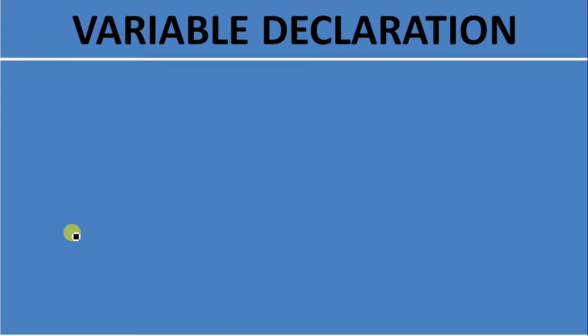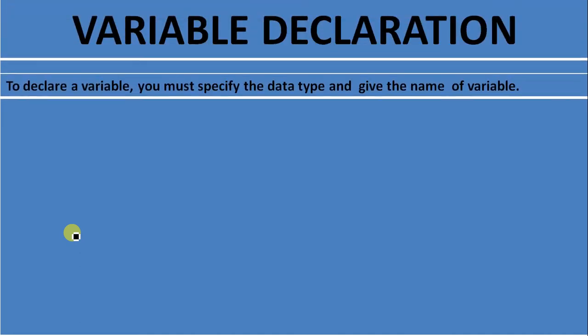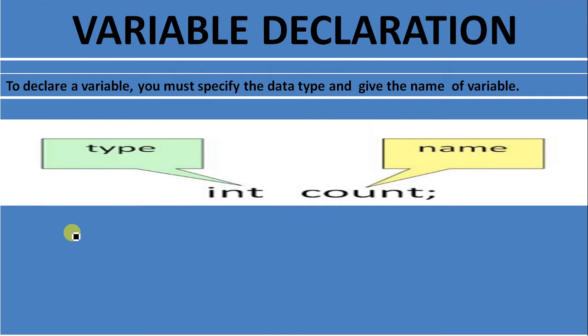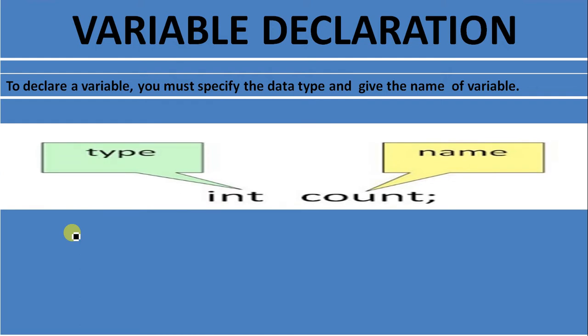So now we will learn how to declare a variable. To declare a variable, you must specify the data type and give the name of the variable.